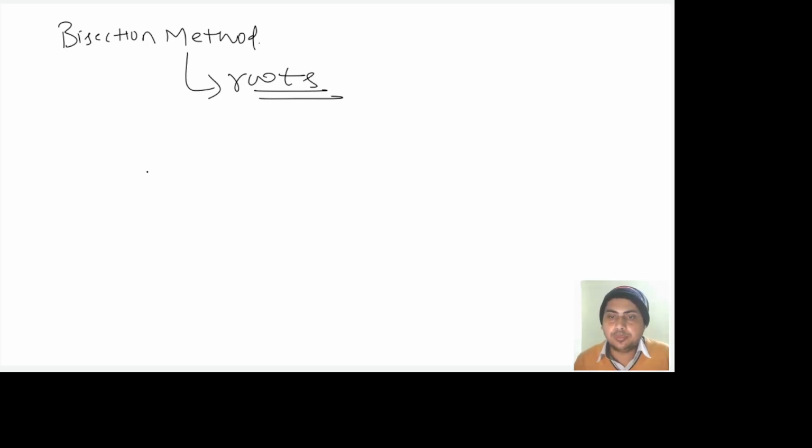Let's say any polynomial f of x, for example x cubed minus 2x minus 2, and we are going to find the root of this polynomial. What is the meaning of root of this polynomial?